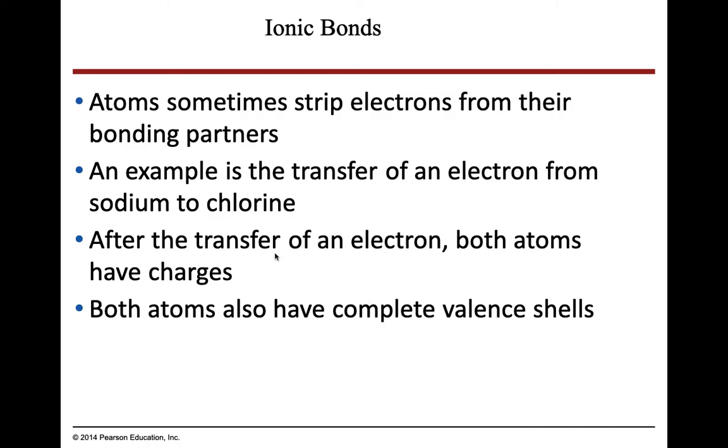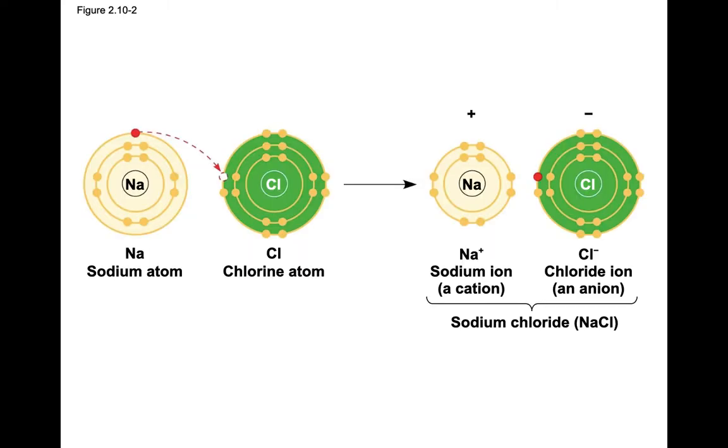Now, after the transfer of electrons, the gain and loss, both atoms have charges because they either have a positive charge, they lost electrons relative to their normal atom, or they're negative because they gained electrons relative to their normal atomic structure. And we can see this here where we have a sodium, which is a metal atom.